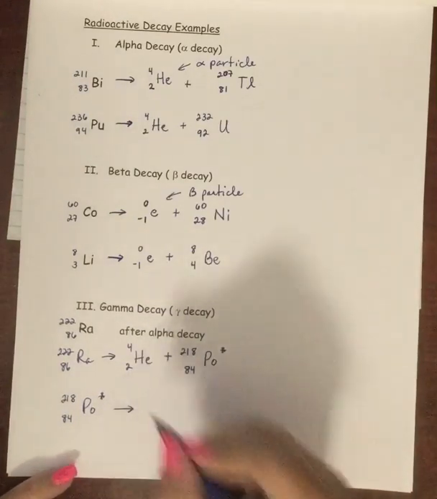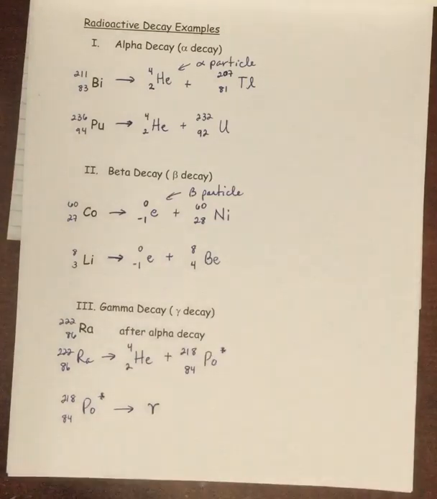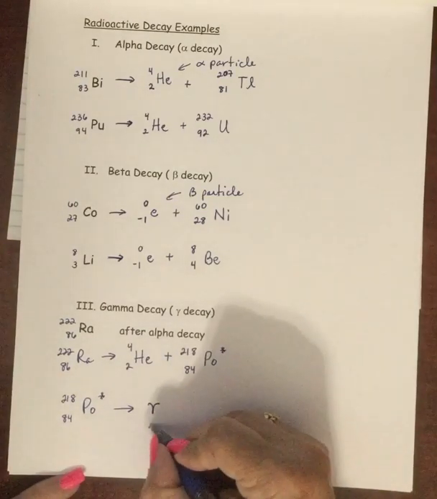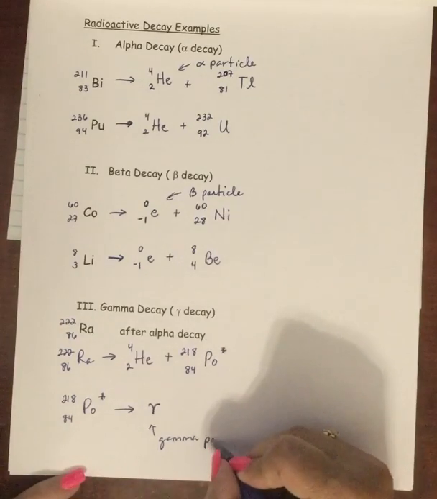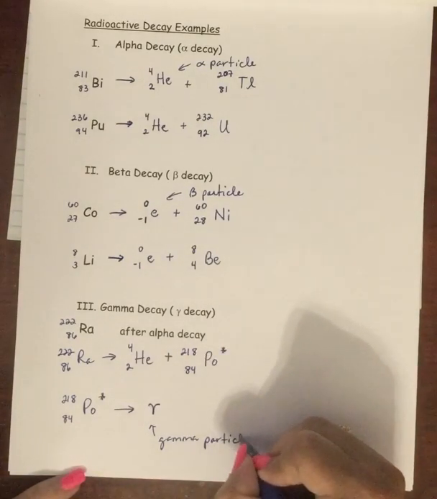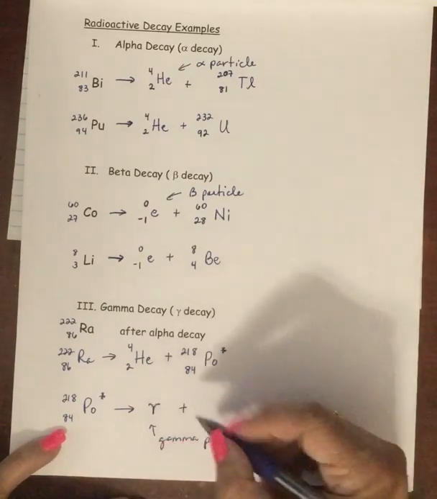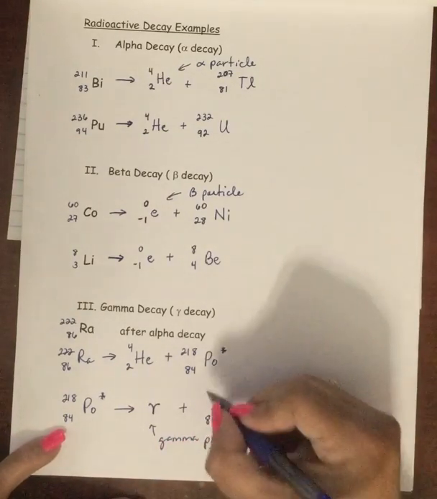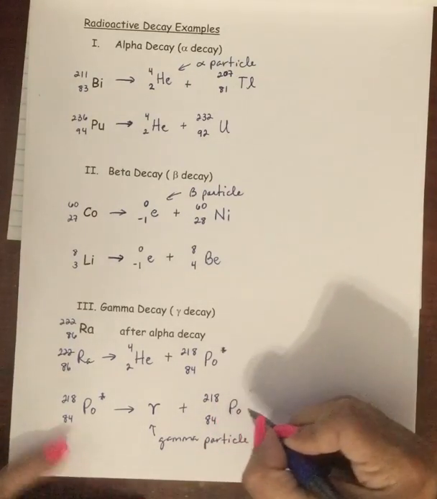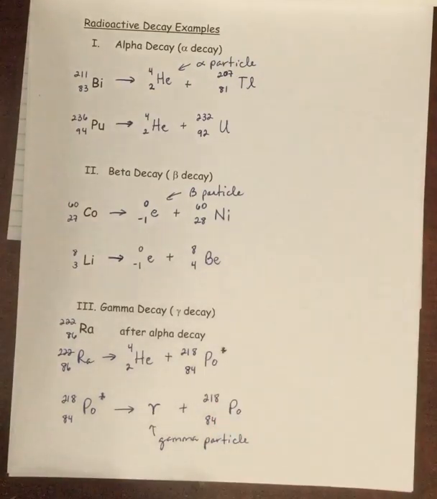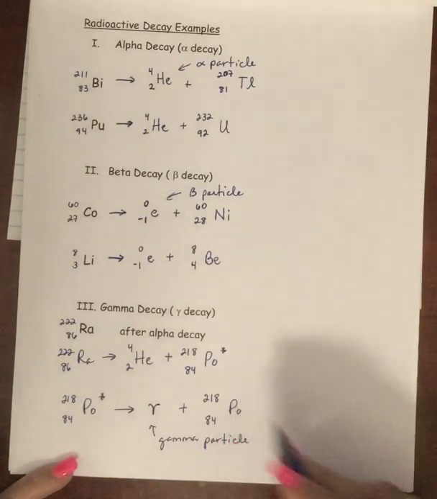It gives off a gamma particle, and the gamma particle is this, okay? That is a gamma particle. Plus, it's still going to be 84, still going to be 218, still going to be polonium, but now it came down to its ground state, so we don't put the asterisk by it.